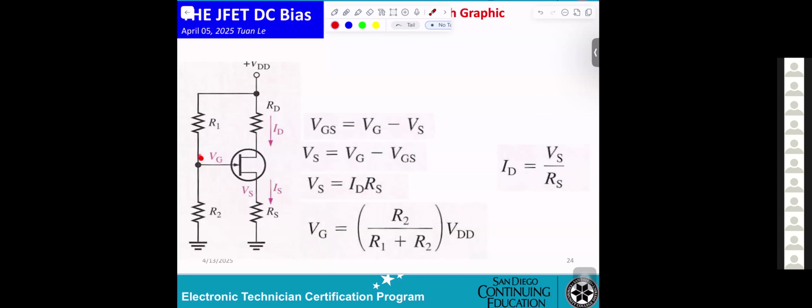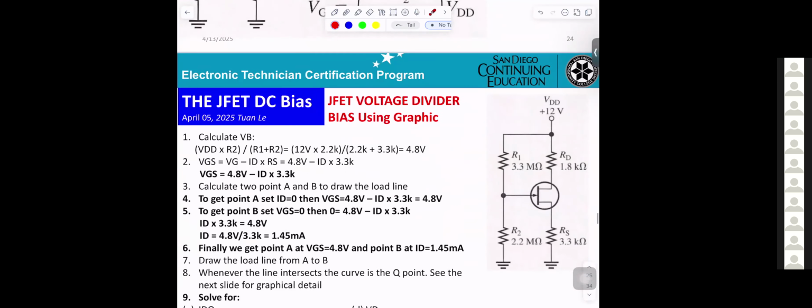That means you can calculate the VG here for the voltage divider. You take VDD times R2 divided by R1 plus R2. This is just a summary of voltage divider bias.